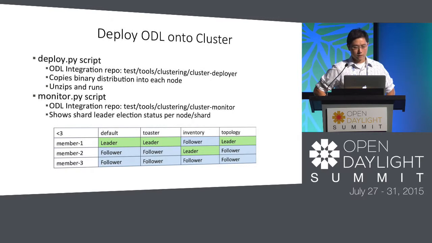The fundamental assumption there is that, at least for this testing scenario, every time you're deploying, the binary is different, right? So the script always starts by copying a binary distribution file that you specify into the freshly booted nodes.